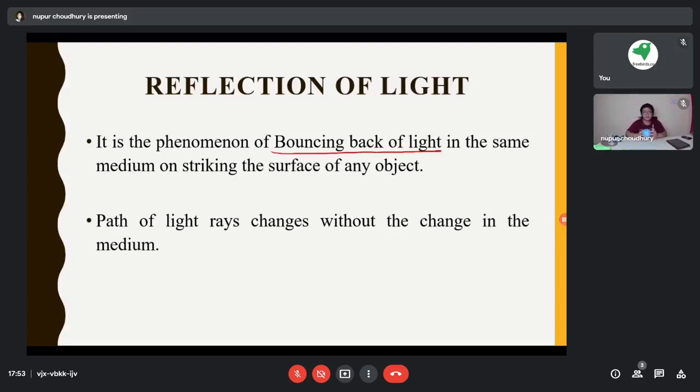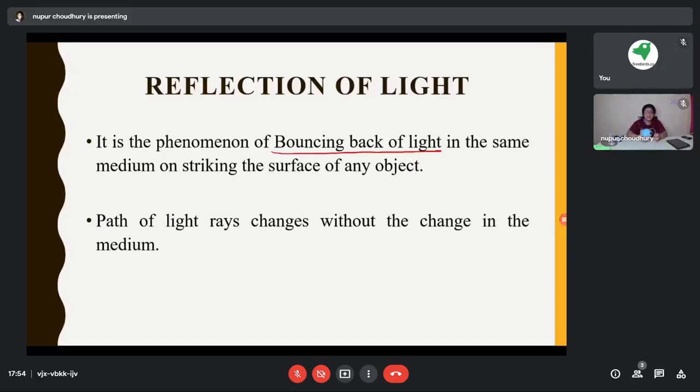This phenomenon also happens with light: if the light is bouncing back in the same medium, so I have thrown this ball from the air, and when it bounces, it comes back to the air on striking the surface of any object, then reflection of light has occurred. That means I will be throwing light on a surface, and if the light bounces back from that surface, then it is said that reflection has occurred.